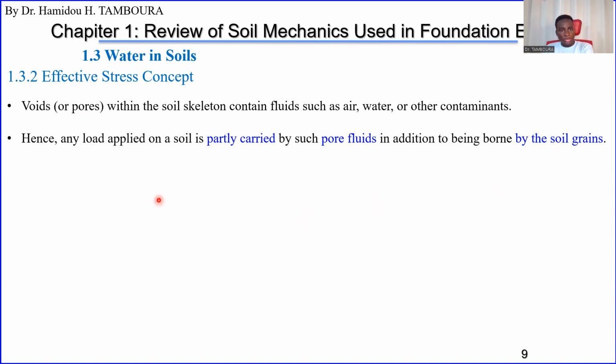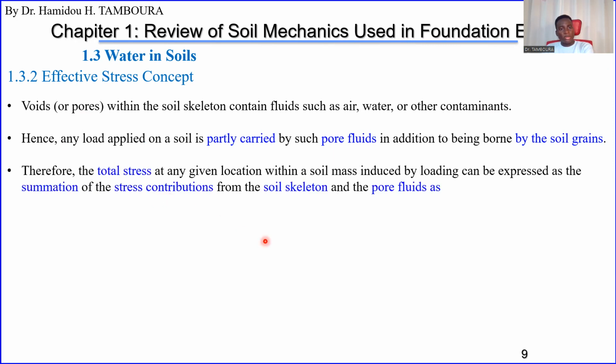So the load is kind of divided. In that case, the total stress at any given location within the soil mass induced by load can be expressed as the summation of the stress contribution from the soil skeleton and the pore fluid.